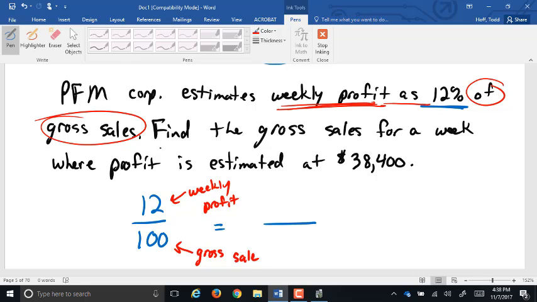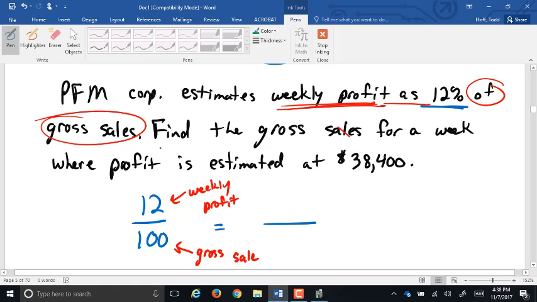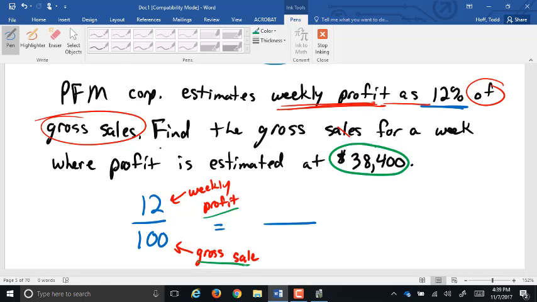So that makes sense. So on the other side over here, we're going to put the $38,400. Does that represent the weekly profit or the gross sales? The estimated weekly profit. So that goes on top.